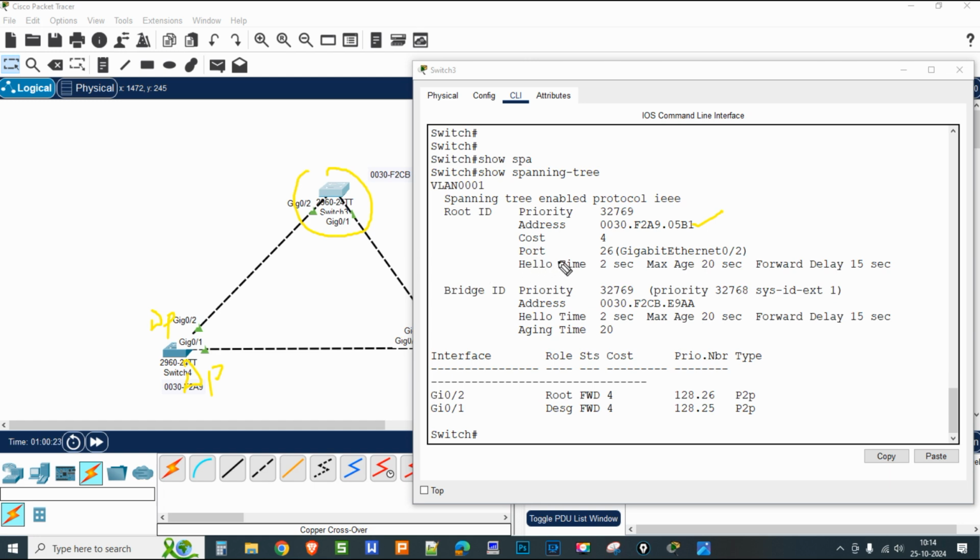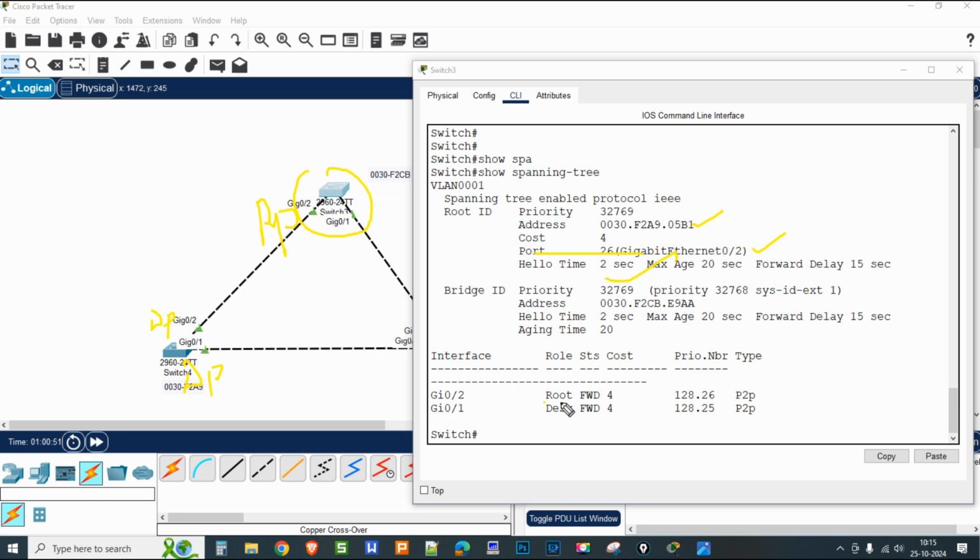It is connected via port 26. Port 26 is the first 24 ports, then 25, 26 ports is Gigabit Ethernet 0/2. I already told you here Gigabit Ethernet 0/2, Gigabit Ethernet 0/1. Which switch is connected from the root bridge? It is the root port.